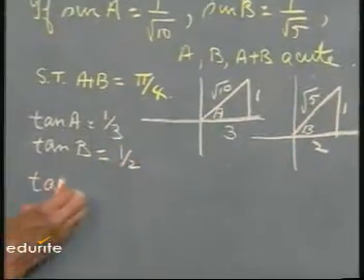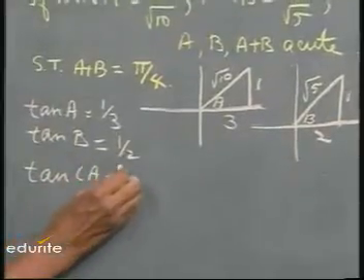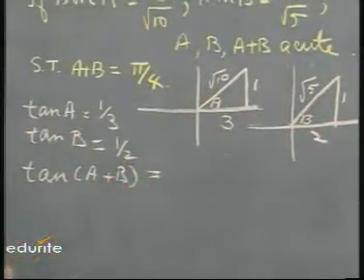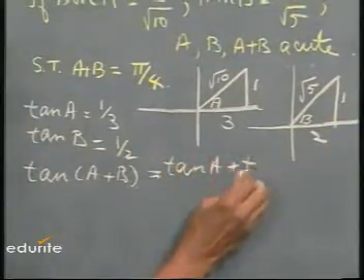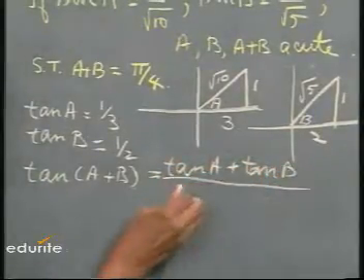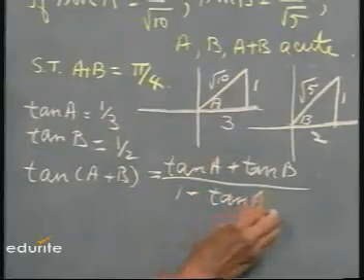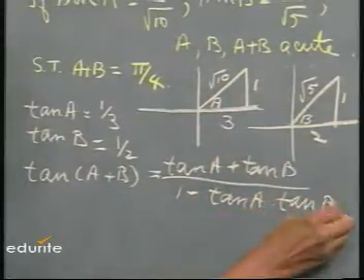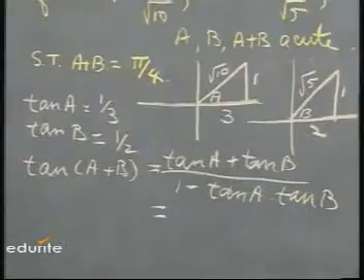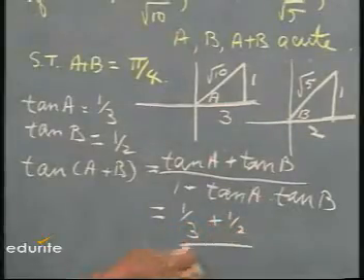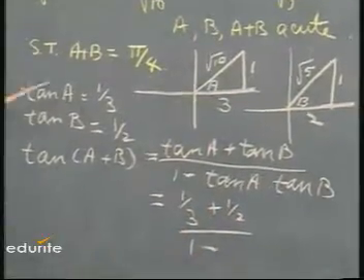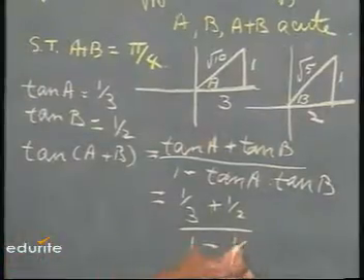Now we know the formula tan A plus B is equal to tan A plus tan B over 1 minus tan A tan B. So all that remains is to write down the values here, just substitute them. 1/3 plus half over 1 minus product of 1/3 and half is 1 by 6.